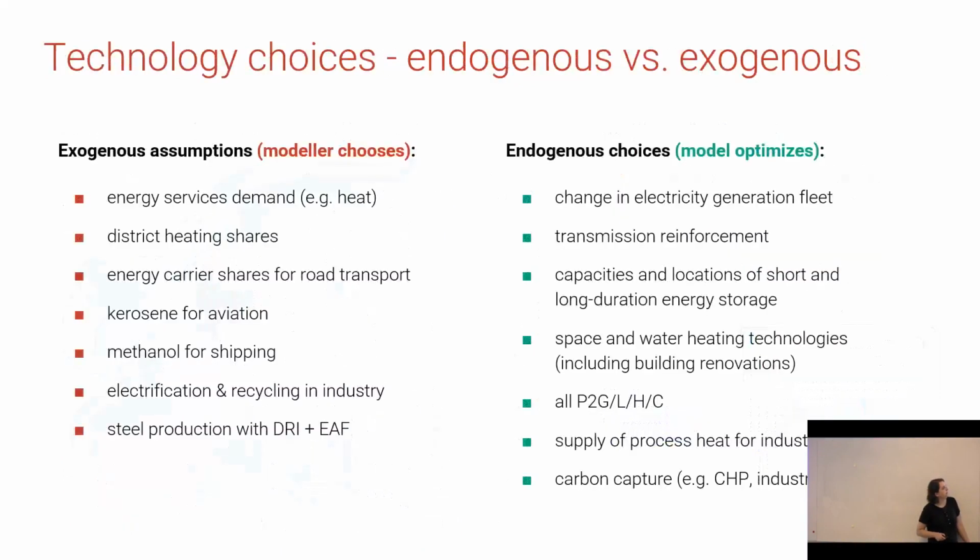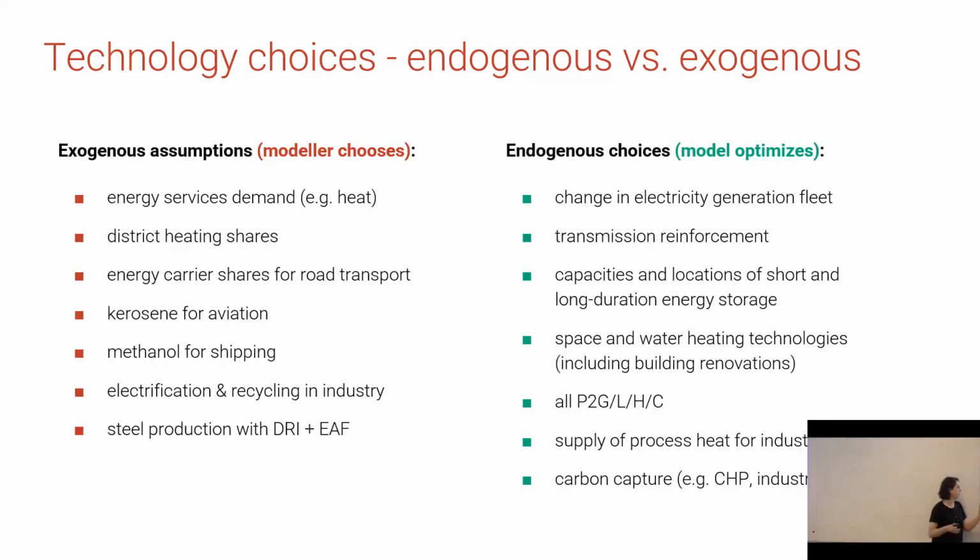Cool. So a quick summary of many of the things that I have been mentioning: exogenous and endogenous decisions. And this represents the state of the art of the model, what you can use today. So, things that you, as a modeler, need to choose, and that you can choose in the config file. The level of energy services demand, the level of heating demand. You can assume things like we are going to live in bigger houses, so we'll increase our heating demand.